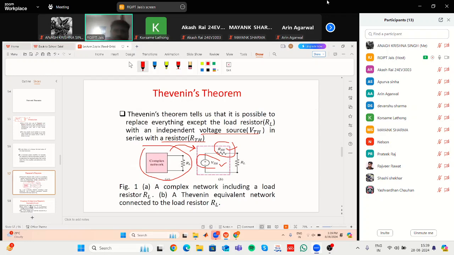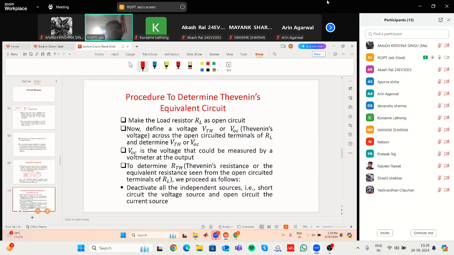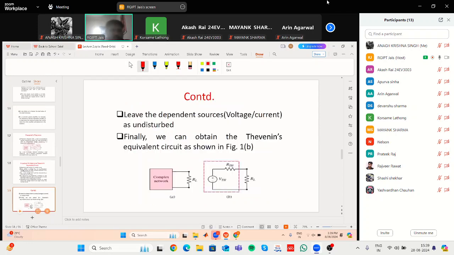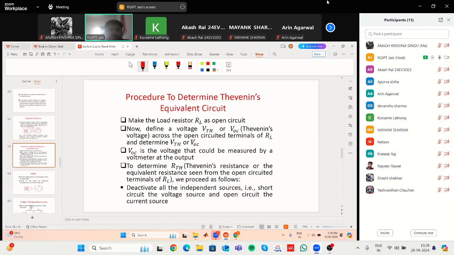Now, next, what is the procedure for that? Given a complex circuit, what is the procedure for getting the Thevenin's equivalent circuit?